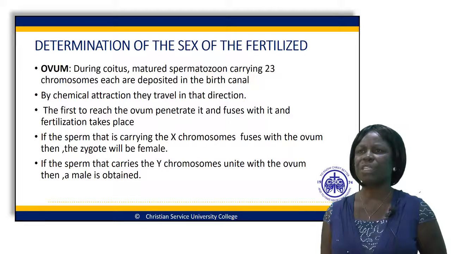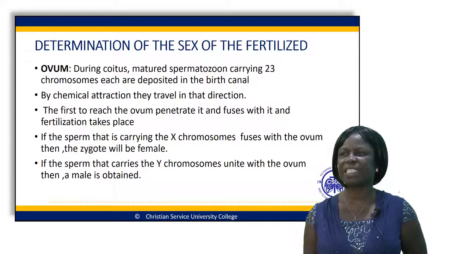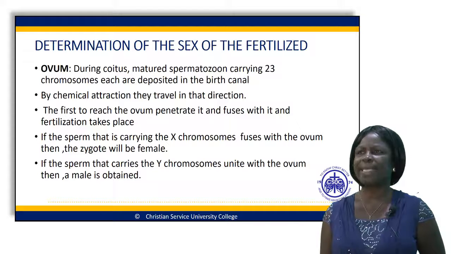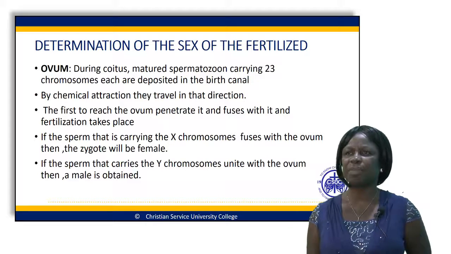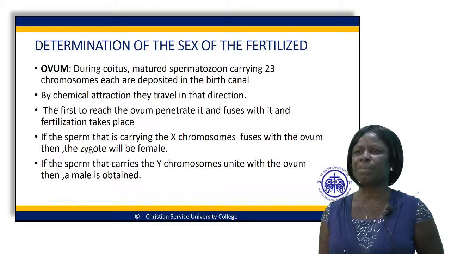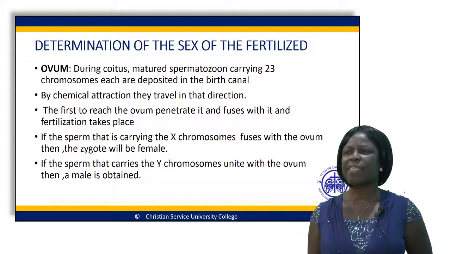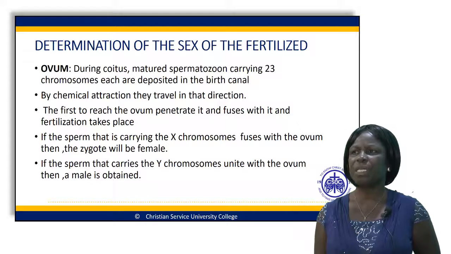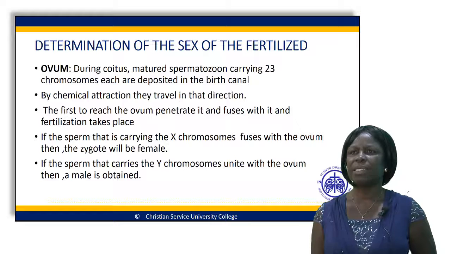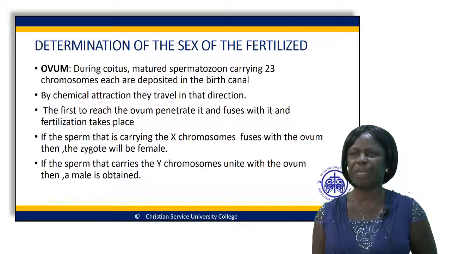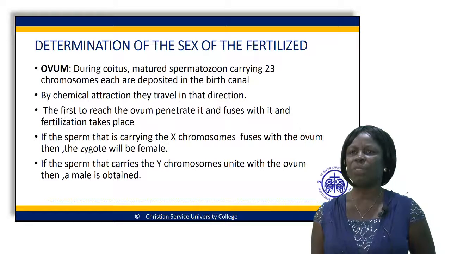The first to reach the ovum penetrates it and fuses with it, and fertilization takes place. If the sperm that is carrying the X chromosome fuses with the ovum, then the zygote will be female. If the sperm that carries the Y chromosome unites with the ovum, then a male is obtained.